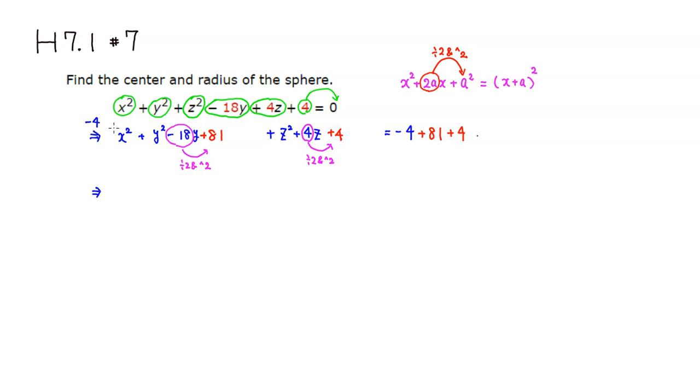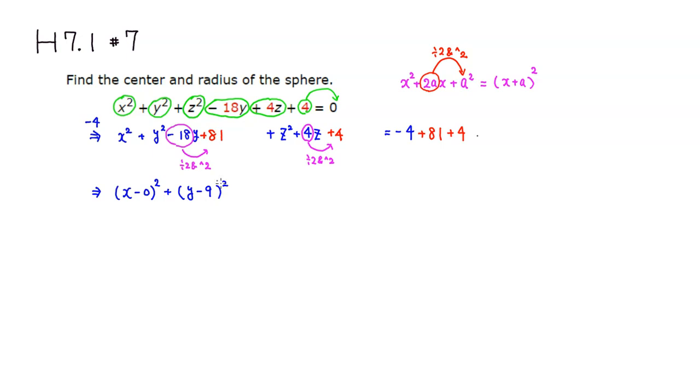You have x squared, and you can think of it as (x minus 0) squared, so we know the x coordinate of the center is 0. For the y's, remember it's going to be y plus a, where a is half of the coefficient, so half of negative 18 is negative 9, squared.